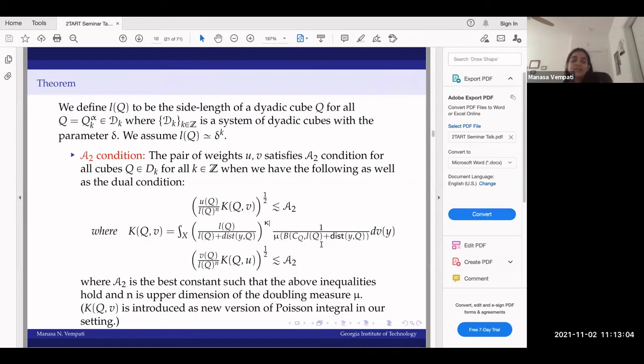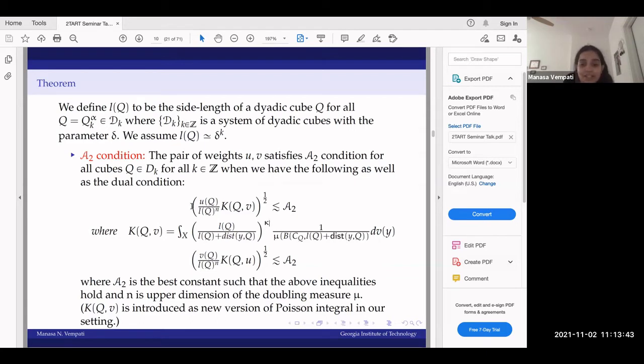So the reason why we didn't use the Poisson integral to define our A2 condition is because for certain Calderón-Zygmund operators on the space of homogeneous type, the two-weight inequality for the Poisson integral might not directly connect with the two-weight inequality for the operator. At the end of the discussion for the Calderón-Zygmund operator inequalities, I'm going to specifically give an example where this construction K_Q is extremely helpful since the Poisson integral for that operator exists. However, it does not give anything related to the two-weight inequality for that operator.